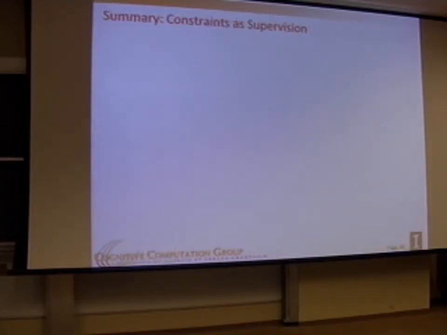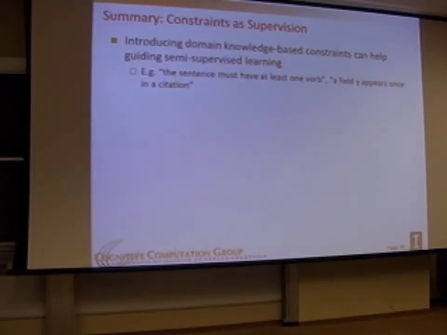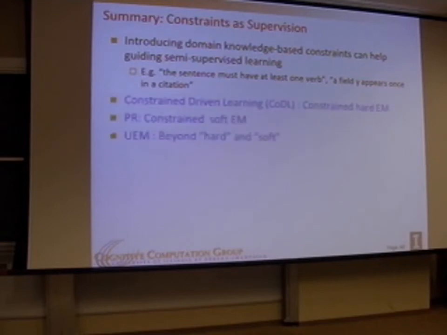Okay, so just to summarize this part, my goal here is really to talk about how to use constraints as supervision using this constraint-driven learning algorithm. Basically, the idea is to introduce domain knowledge as a way to help guide semi-supervised learning. Constraints could be things like the sentence must have at least one verb, or a field Y can appear only once in the citation, and so on.